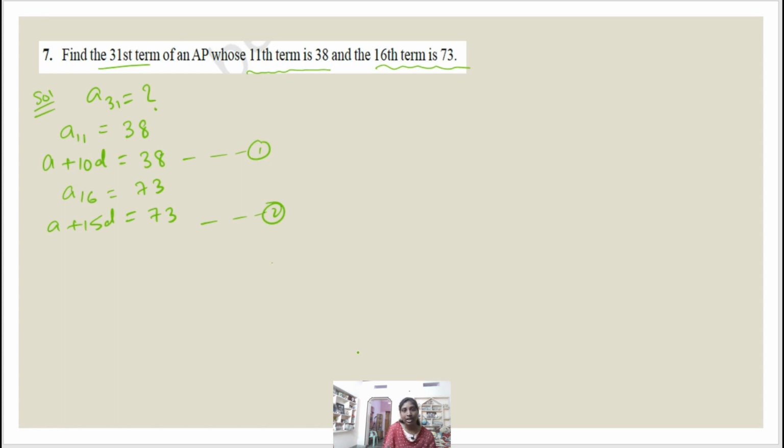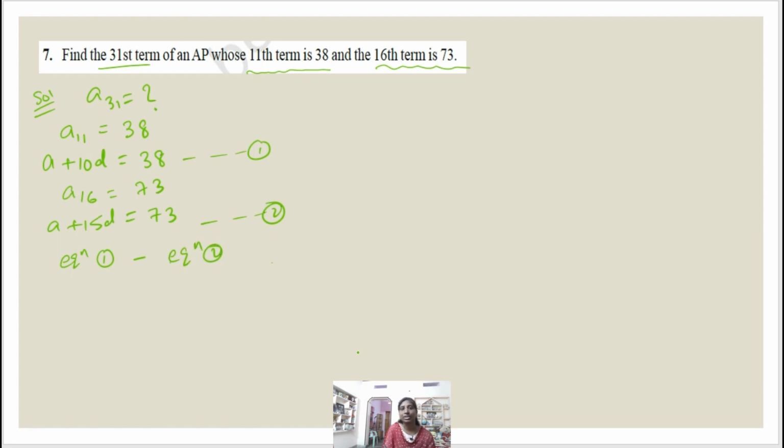So here the coefficient of A is equal and signs are also equal. So we should subtract here. Subtracting equation 2 from equation number 1, or you can write equation number 1 minus equation number 2.